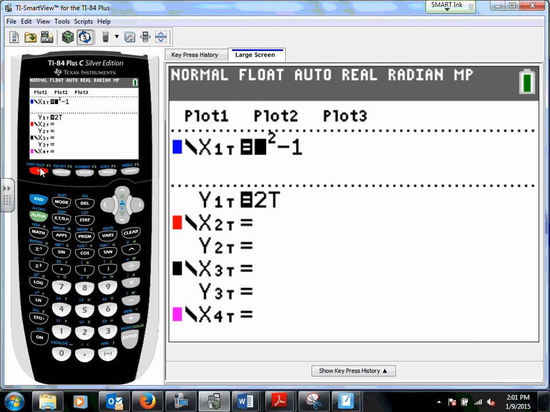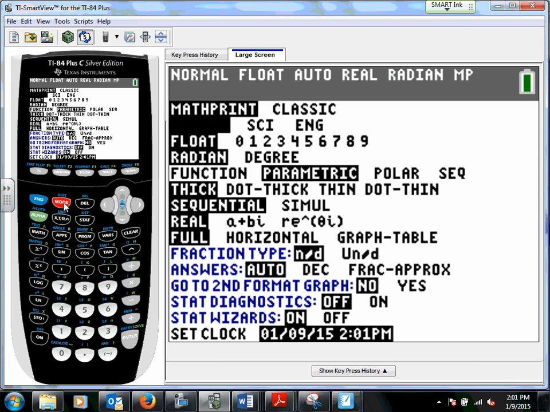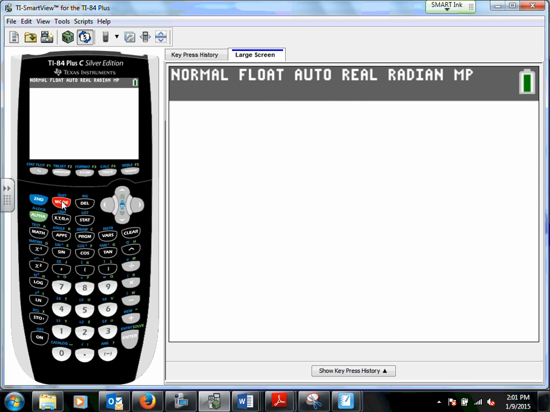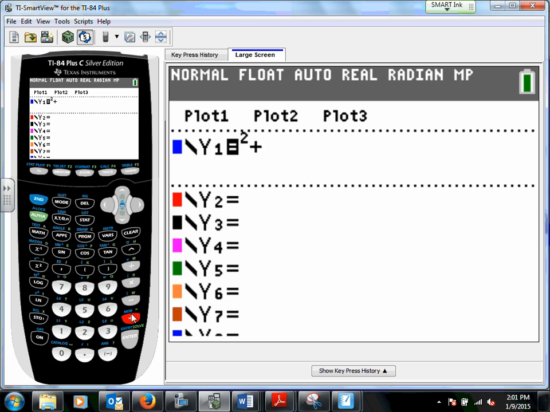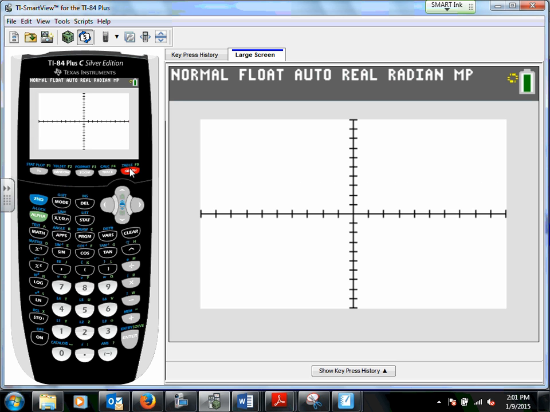You have a couple different options. If you want, put it in y equals x squared plus 1 and graph it.